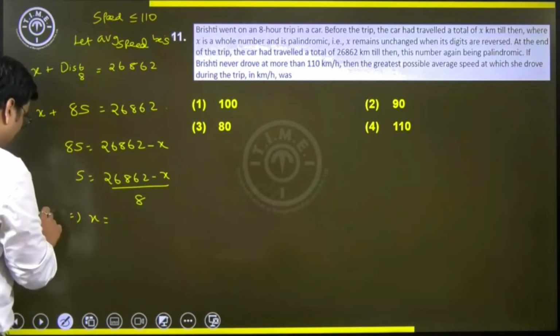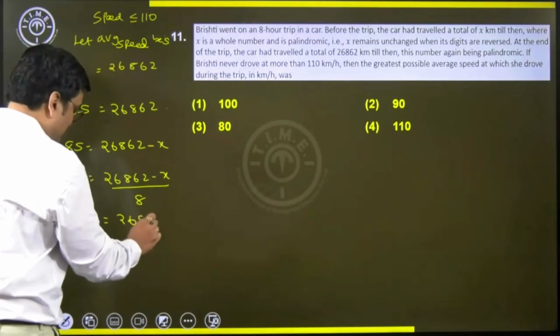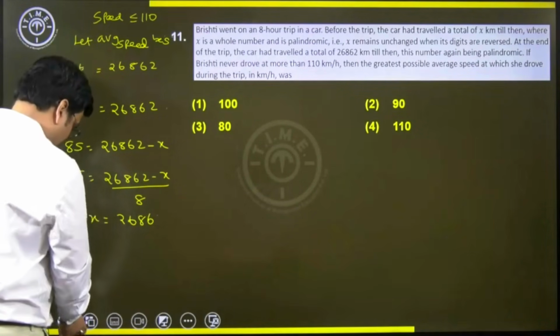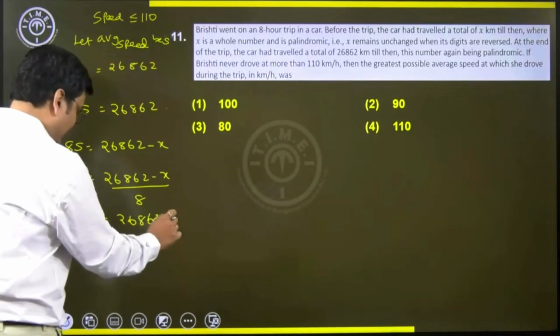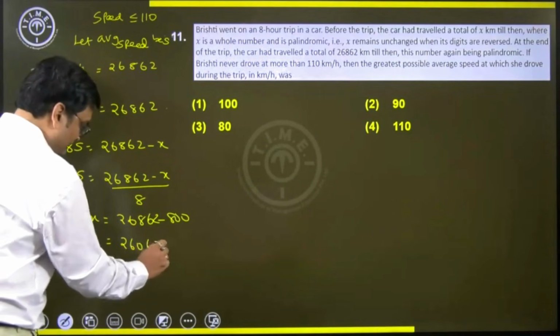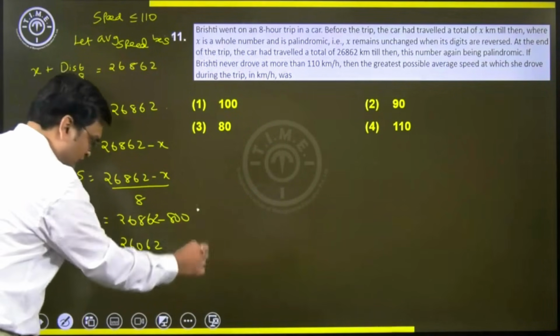Option choice 1. From that, x will be 26862 minus 800. This is going to be 26062, which is a palindrome actually, so that is okay.